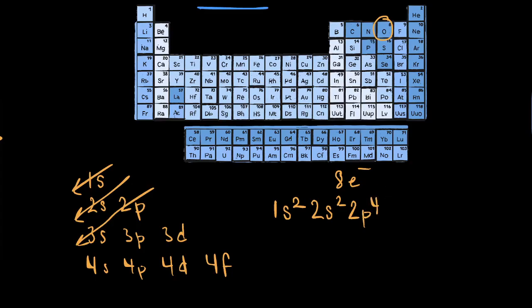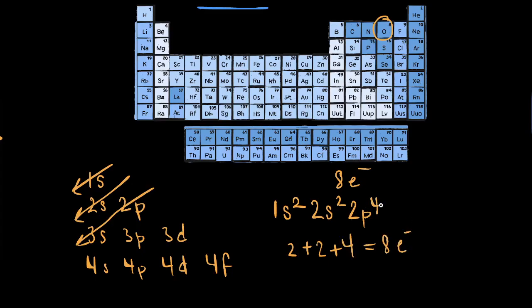Despite the fact that the p orbital can hold 6 electrons, here we only have 4 electrons in the p orbital. The reason goes back to the number of electrons that oxygen has. Oxygen here has 8 electrons. And what these superscripts, these exponent numbers, are denoting is the number of electrons in the orbitals. So we have 2 plus 2 plus 4, or 8 electrons.